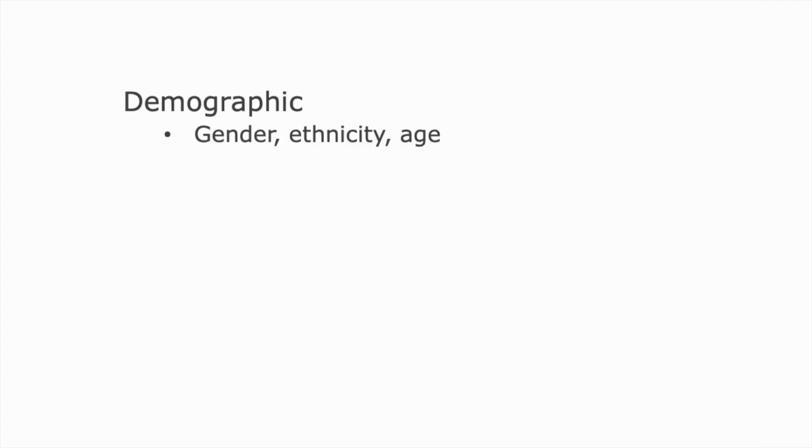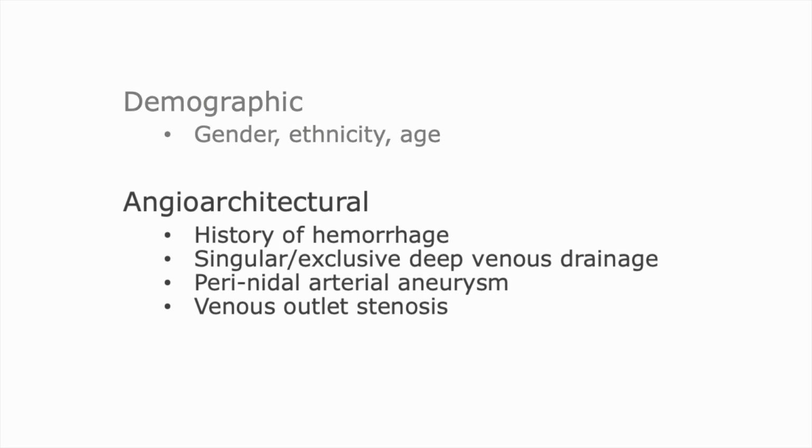There has been some suggestion of an increased risk of hemorrhage based on demographic factors, including a higher risk for female gender, Hispanic ethnicity, and increasing age. However, it appears that the angioarchitectural characteristics of AVMs are probably the more reliable predictors of an increased risk for hemorrhage in the future.